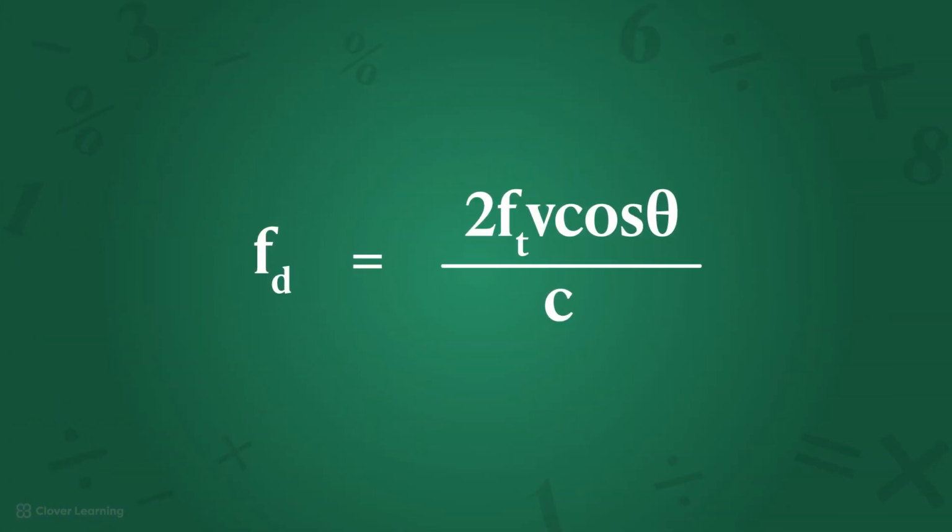The Doppler shift can be mathematically expressed using the Doppler equation. It's unlikely that you'll be asked to compute using this equation, but understanding the variables is important, where f sub d is the Doppler shift measured in hertz. F sub t is the transmitted frequency from the transducer measured in hertz.